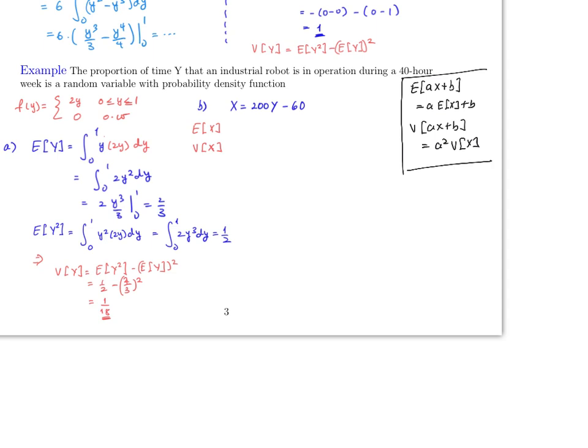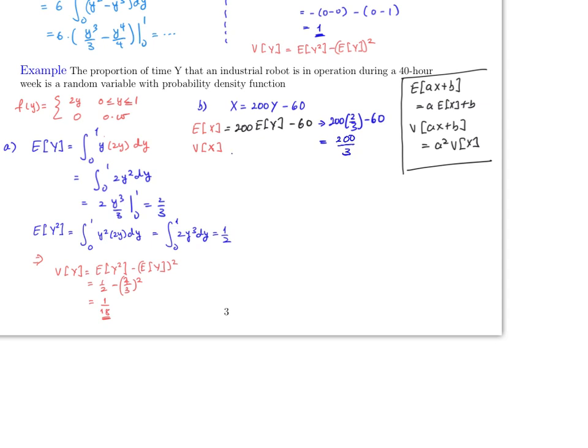So in our case, the expected value will be 200 times the expected value of y, minus 60. Now the expected value of y that we got was 2/3. So that means this will be 200 times 2/3 minus 60, which I think is 200/3. Okay? So just check on that.